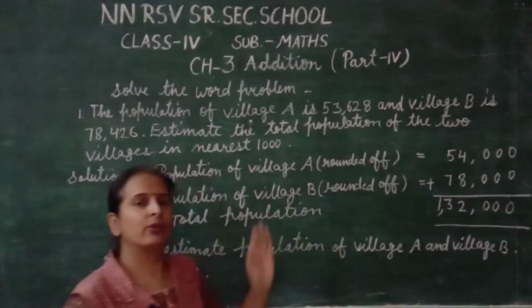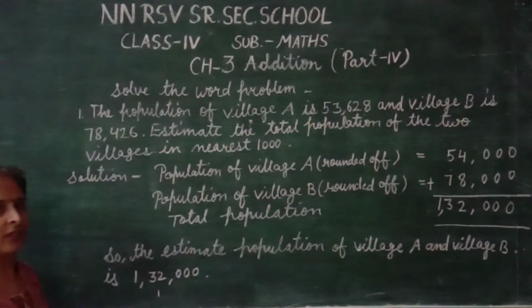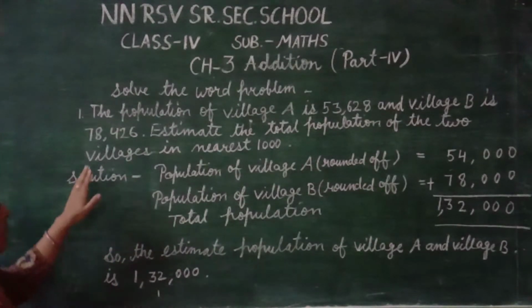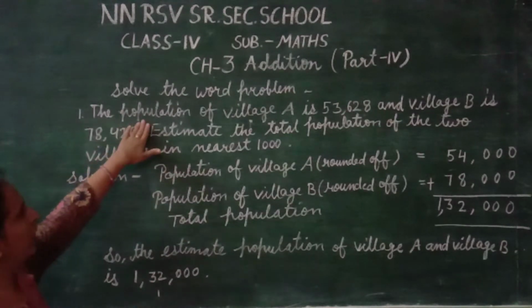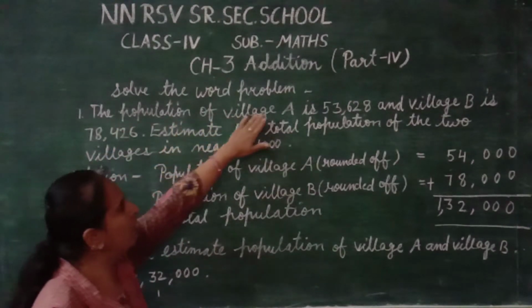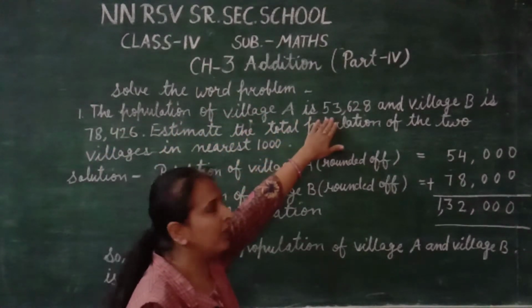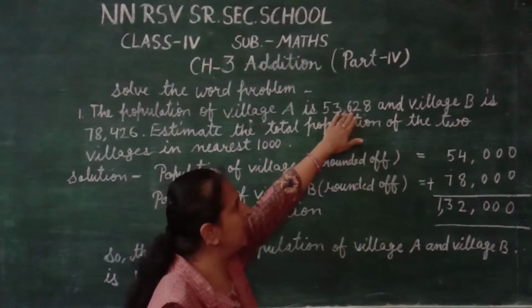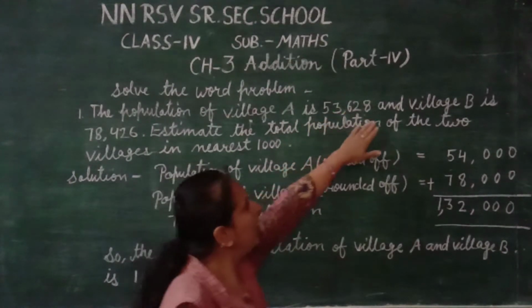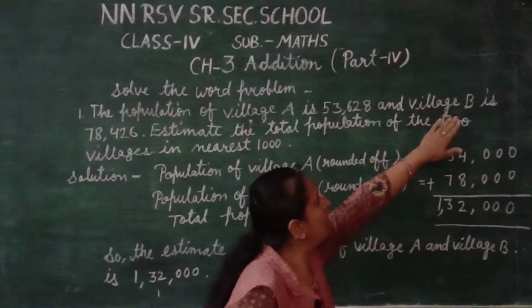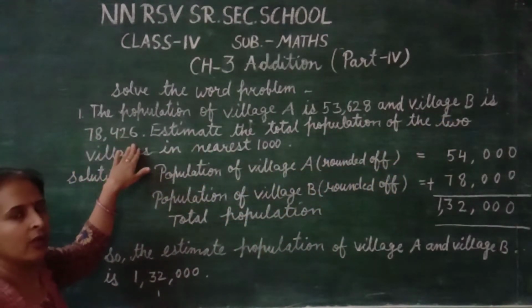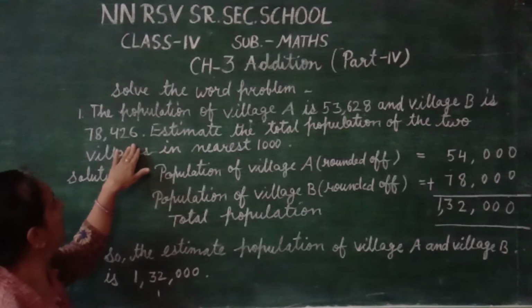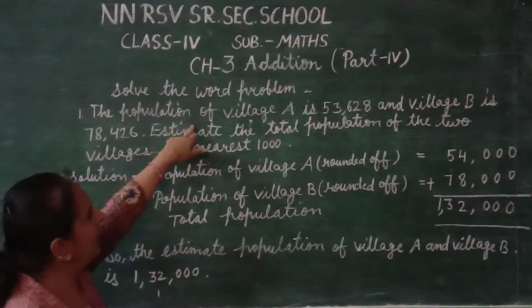Today we will discuss some word problems. Here is one word problem. The population of village A is 53,628 and village B is 78,426.